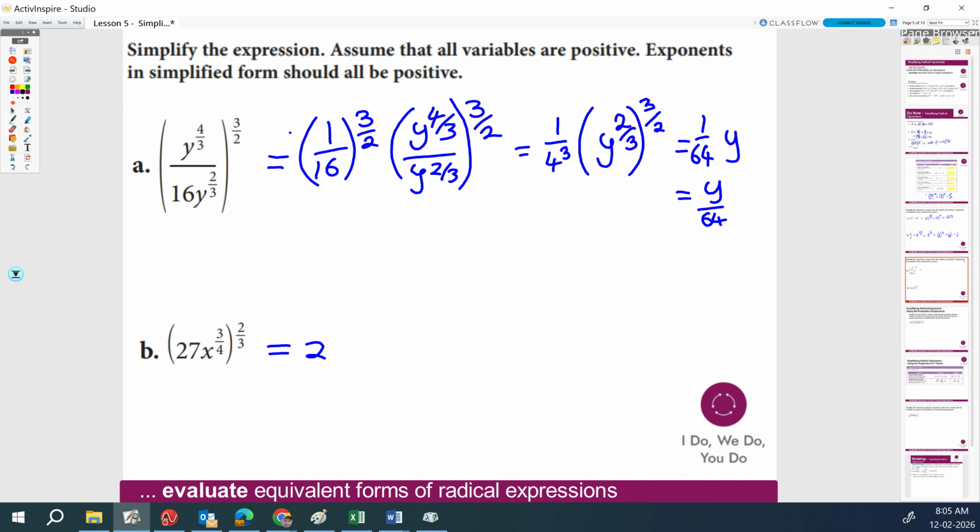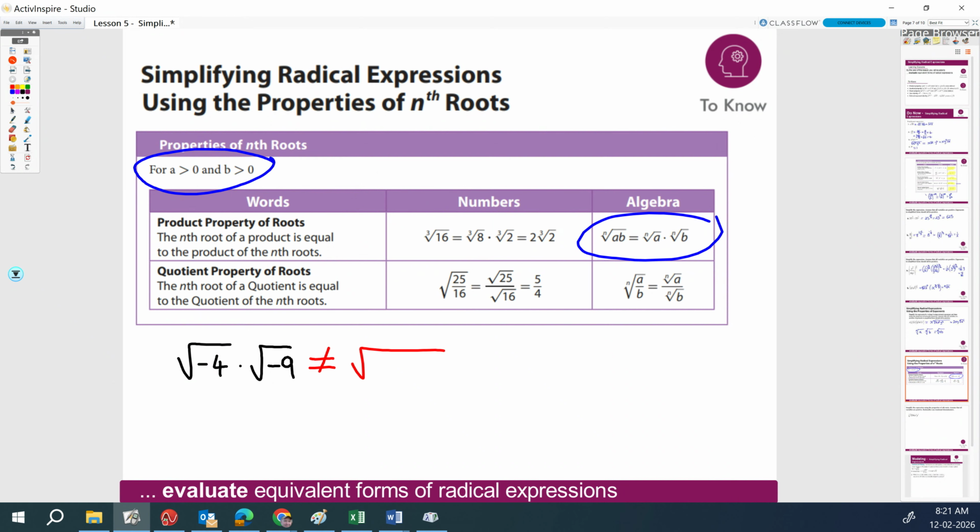Okay, let me just show you what I mean about these being positive and we should take care. If we try square root of minus 4 times square root of minus 9, we'll go wrong if we apply this rule because they're both negative.